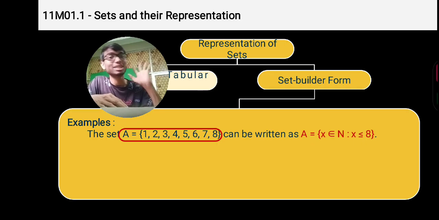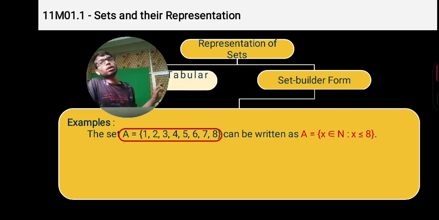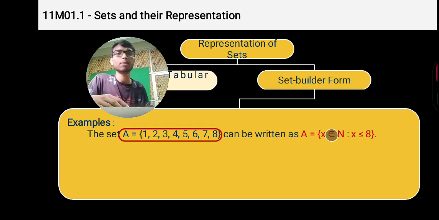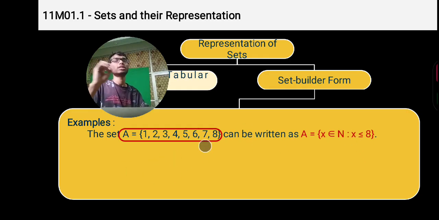This is a finite set, because we have limited elements. When we don't have limited elements, then the elements will be infinite. But here, as you can see, we have limited elements, that's why it is finite. In detail we will see the discussion of finite and infinite sets.